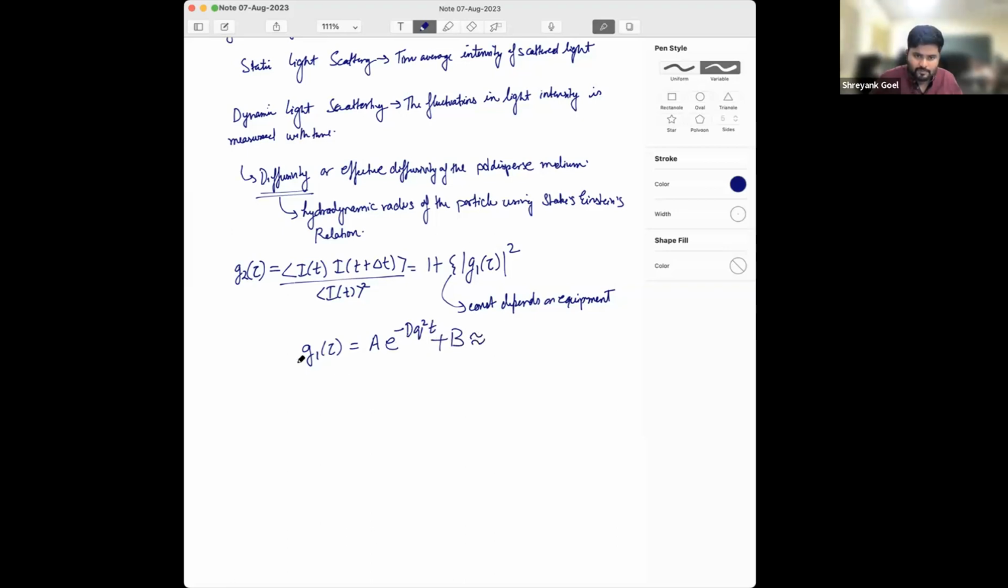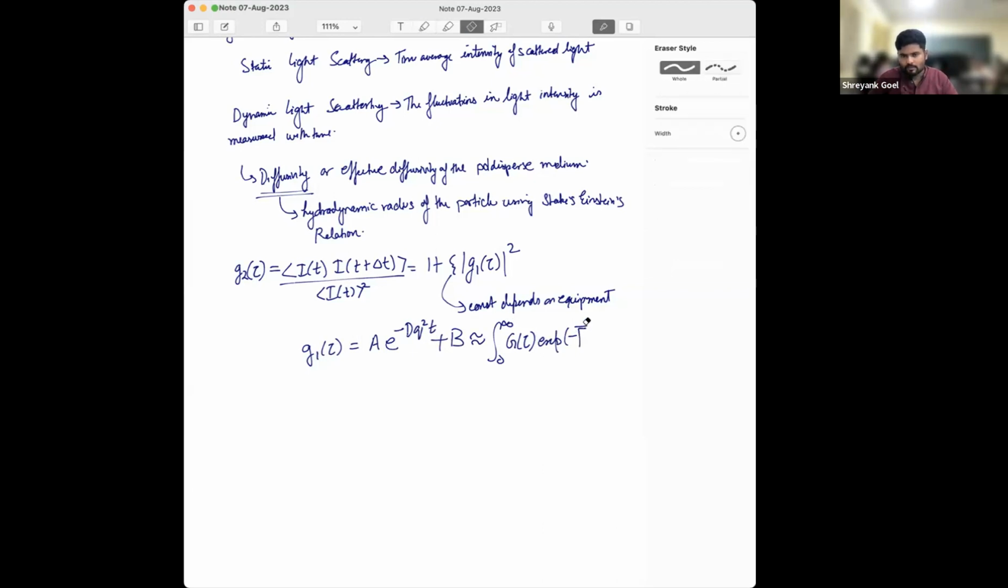If it is a polydisperse particle, we integrate this because the particles are different, and we get the exponential of minus gamma, d gamma, where gamma is D q squared.